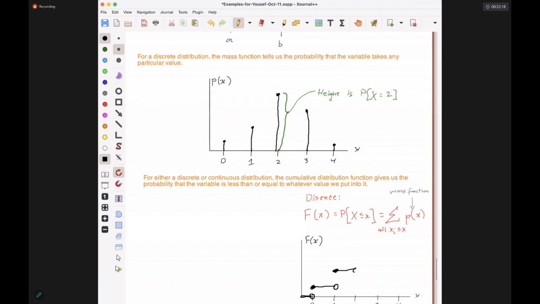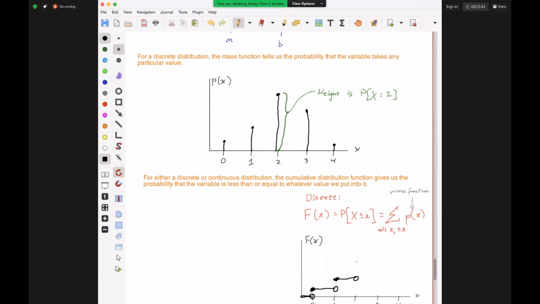Stays flat until 2. And then here's our biggest jump up to 3. And these things should be shorter so that I have enough space.